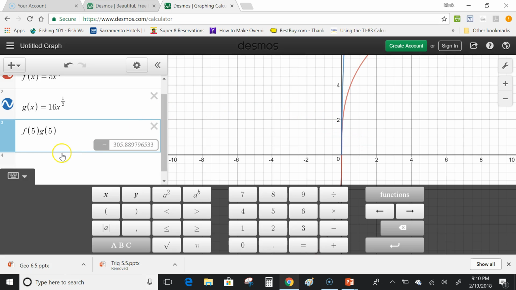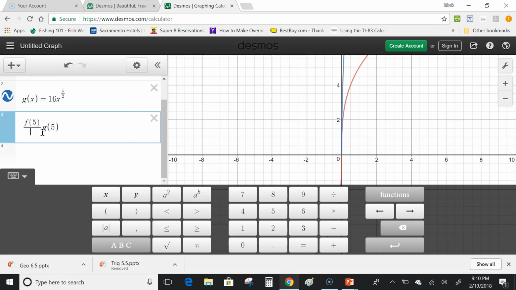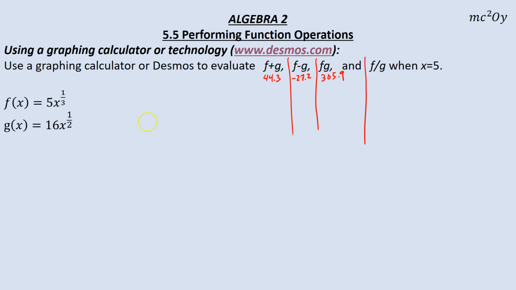All you do is go in and put a division sign. I made it sound so easy. Now, delete this g of 5. There we go. 0.2.